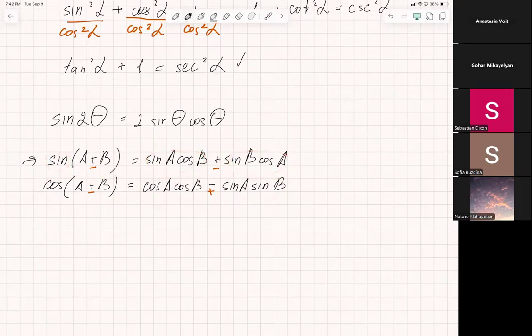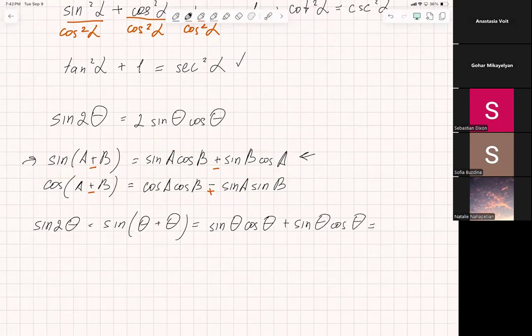So let's say when we have sine 2 theta, that's the same thing as sine theta plus theta, correct? And then we will apply this formula right here. So we would have sine theta cosine theta plus sine theta cosine theta, which makes it 2 sine theta cosine theta, right?